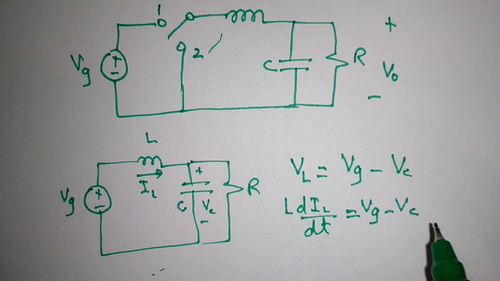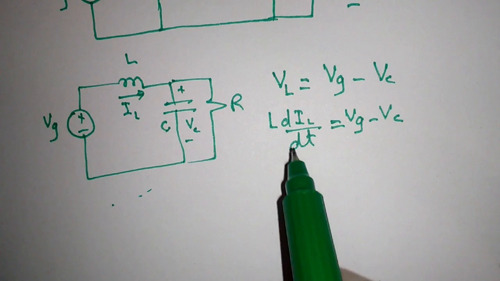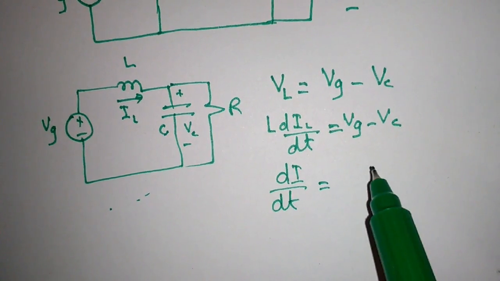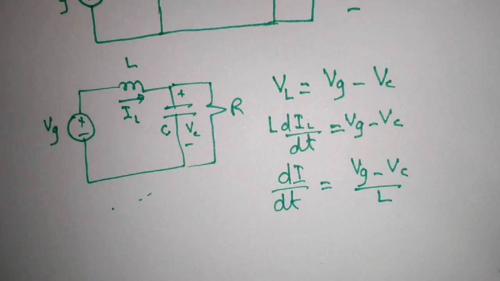And from this equation we can easily find the value of dIL by dt, that comes out to be Vg minus Vc over L. Now initially the rate of change of inductor current is 0, so some of this current will pass through capacitor and R0, which will start charging capacitor, and hence the capacitor voltage will start rising.